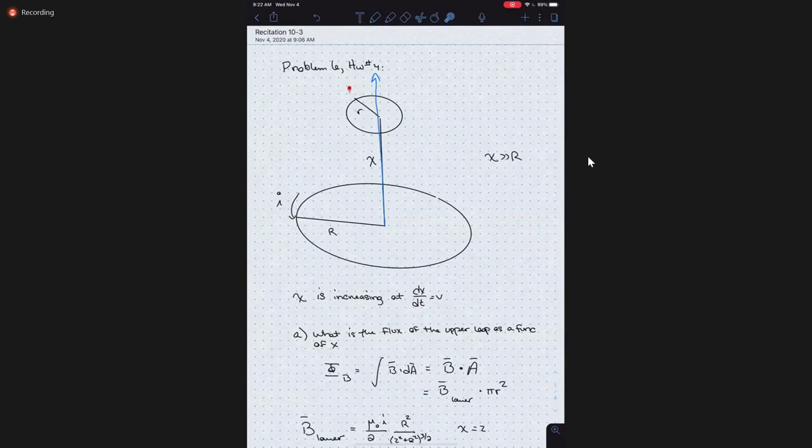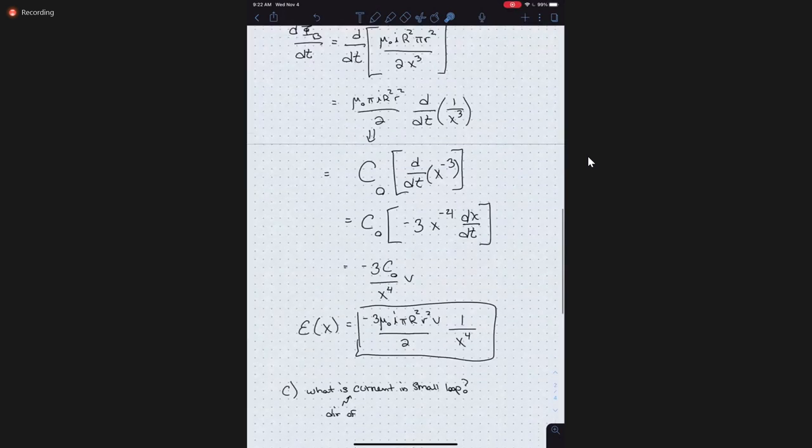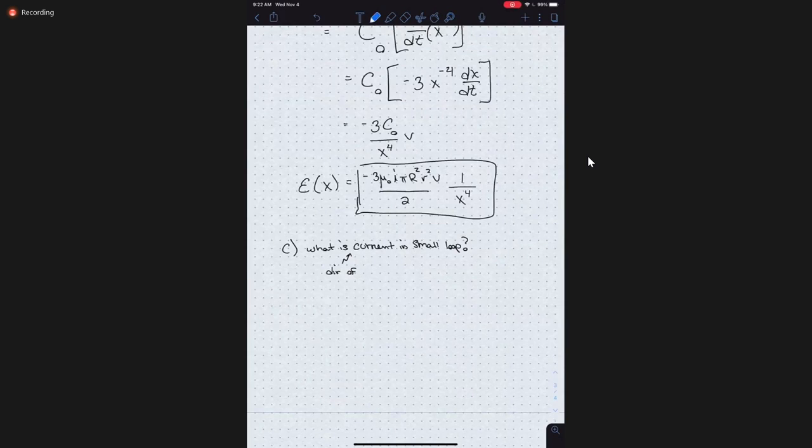But as you move farther and farther away, that flux decreases. So Lenz's law says that the upper loop wants to oppose that, meaning that it wants to create its own magnetic field pointing upwards. And the only way to do that is to have a current flowing counterclockwise.